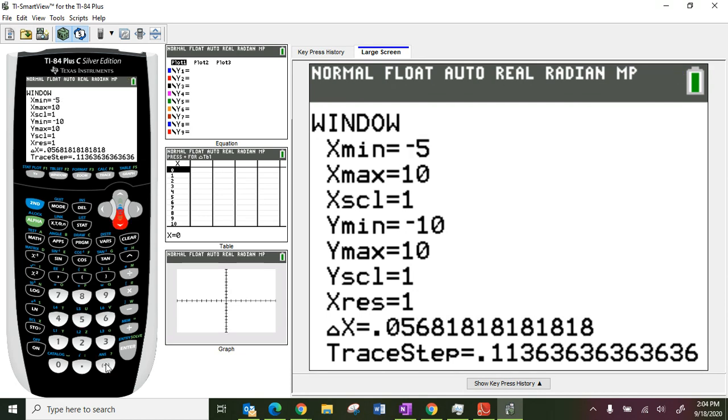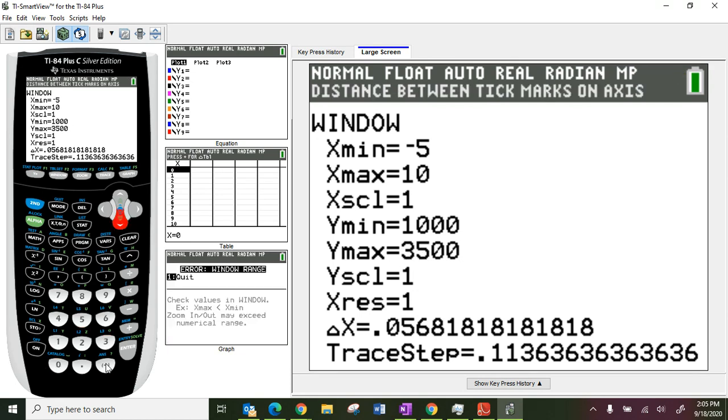I'm going to leave the scaling at 1 unit per tick mark. The smallest value is 1699, so I'm going to change the minimum Y to 1,000. The max is 3163, so I'm going to say 3500. And then I'm going to change the scaling to 100, so every tick mark is worth 100. The rest I'm just going to leave.